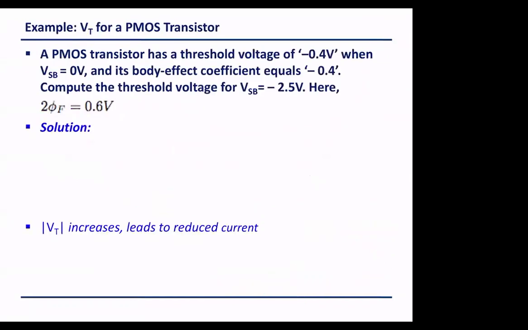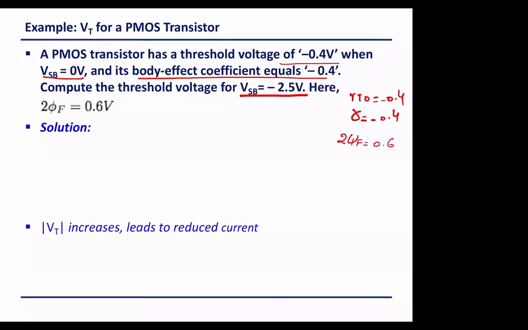In this last example, we try to calculate VT for the PMOS, knowing that VT0 is equal to minus 0.4, and the body effect coefficient gamma is equal to minus 0.4, and we want to find the threshold voltage when VSB is minus 2.5, and 2 phi f is equal to 0.6.